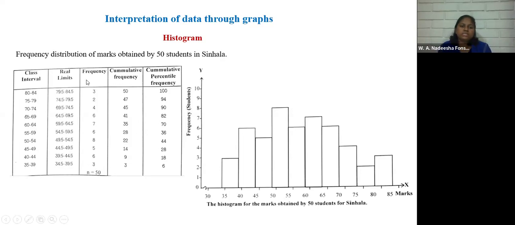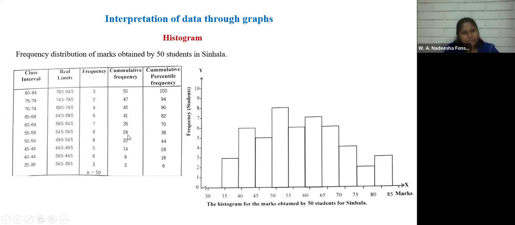So then the frequency is here. Cumulative frequency is the addition of the frequencies one by one from the lowest class. Here the lowest class frequency is 3. So 3 plus 6 is 9, 9 plus 5 is 14, 14 plus 8 is 22, like that. That is called cumulative frequency.